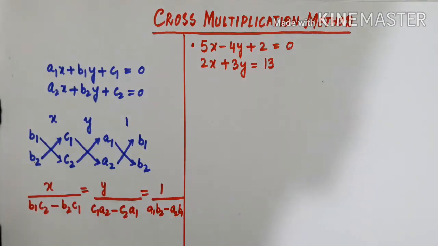So this figure is very important to remember so that you can do the cross multiplication method. I'm just showing it briefly. The theorem is there in your textbook, which you have to go through first.